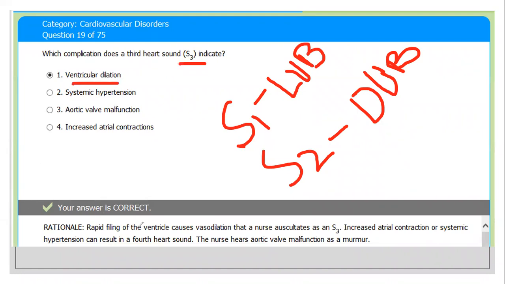So rapid filling of the ventricle causes the vibration that is auscultated as an S3. Increased atrial contraction or systemic hypertension can result in the fourth heart sound. The nurse hears aortic valve malfunction as a murmur, right? A murmur is an added sound. It is not normal.